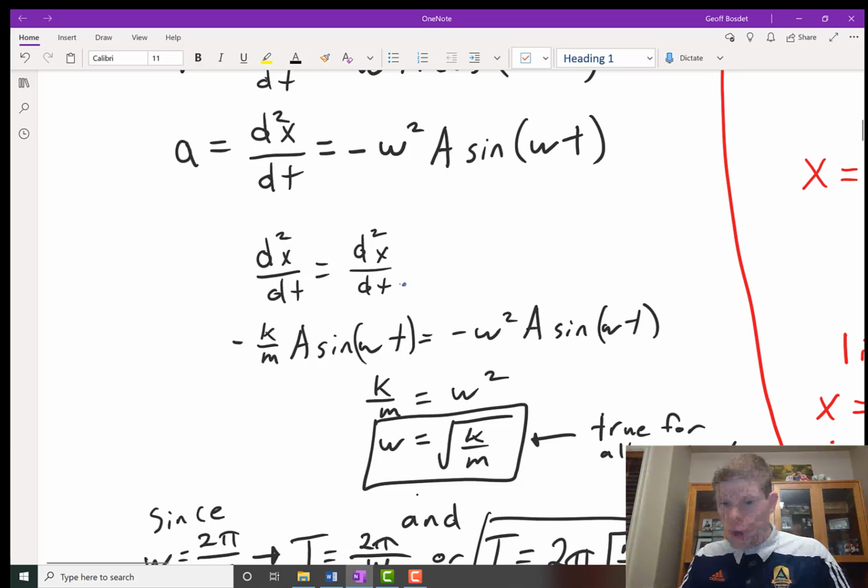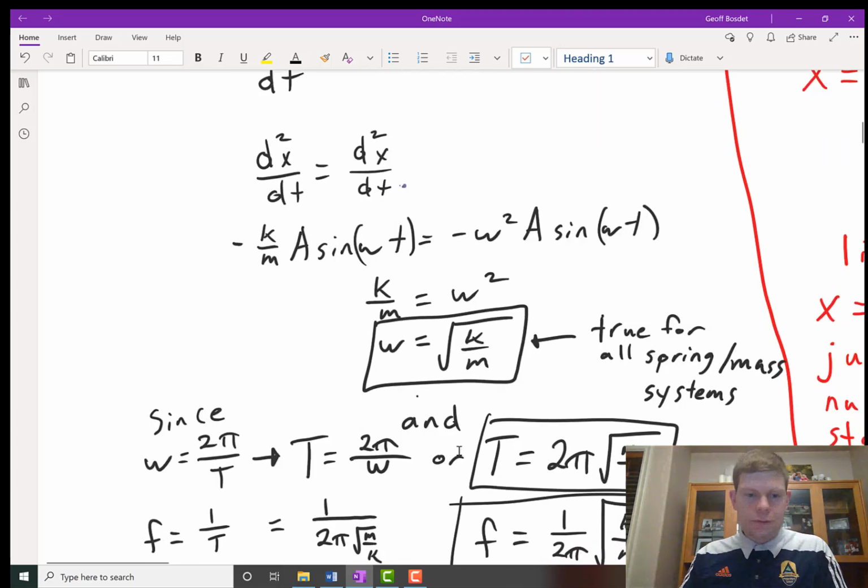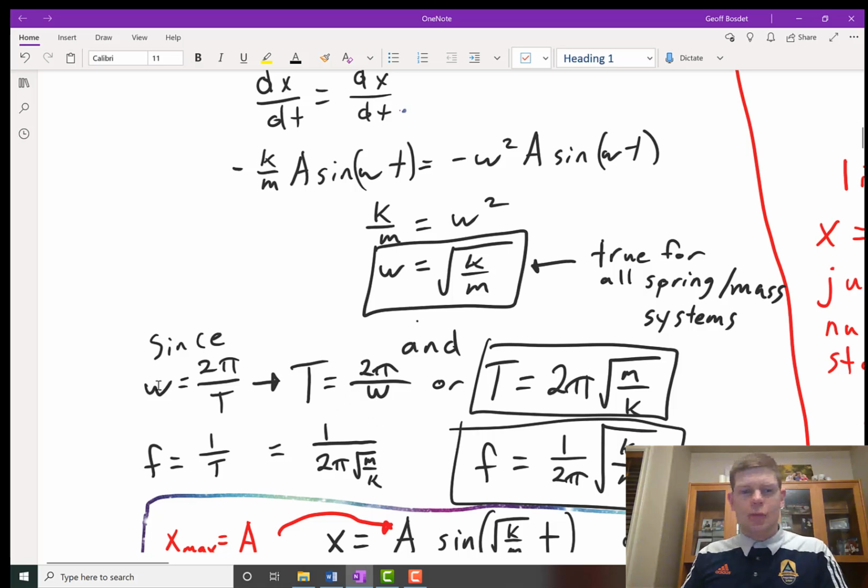It's true for all mass spring systems. And now we can come up with a whole lot of information because of that. Angular velocity is just 2 pi over the period. That's just how it's defined. You can think of it as angular displacement over time.